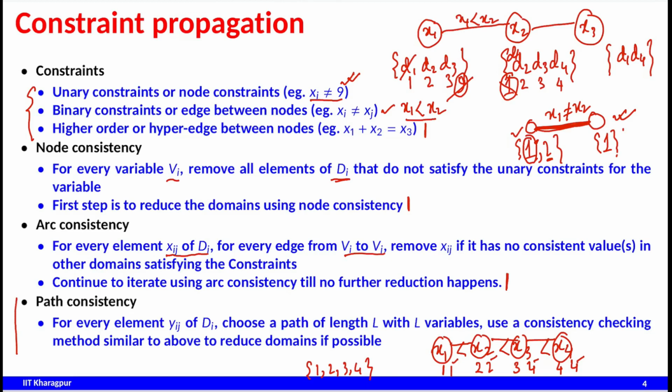So for every element yij of di, choose a path of length L with L variables, use a consistency checking method similar to the above, and reduce the domain if possible. So we can extend this arc consistency idea into path consistency.